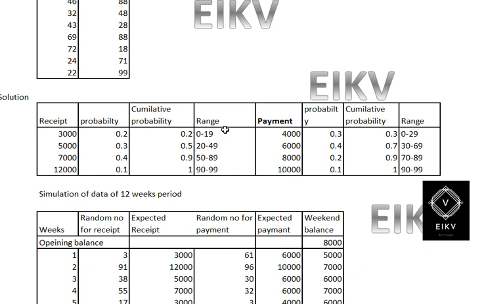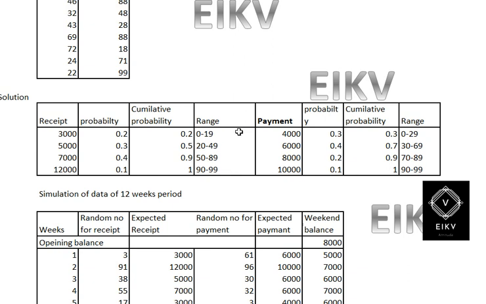And when compared to the payment probabilities, the cumulative probability of payment starts from 0.3. 0.3 plus 0.4 gives 0.7, and 0.7 plus 0.2 gives 0.9, and 0.9 plus 0.1 gives 1.